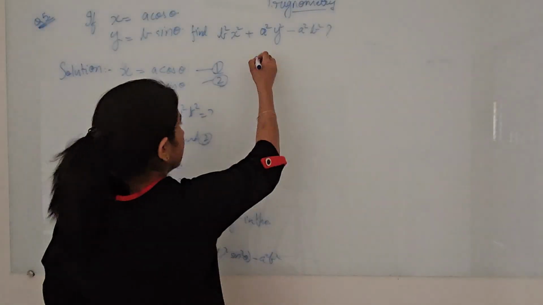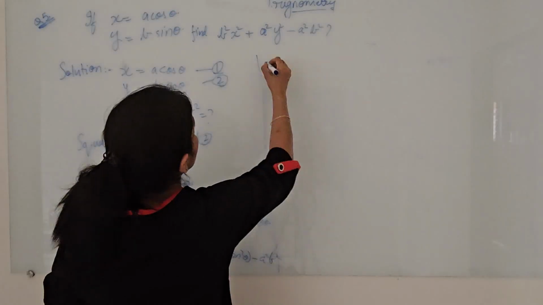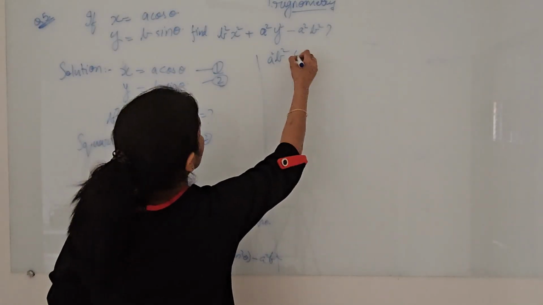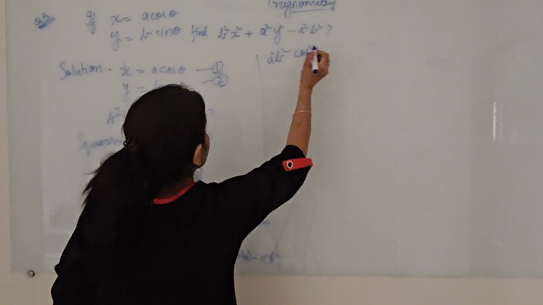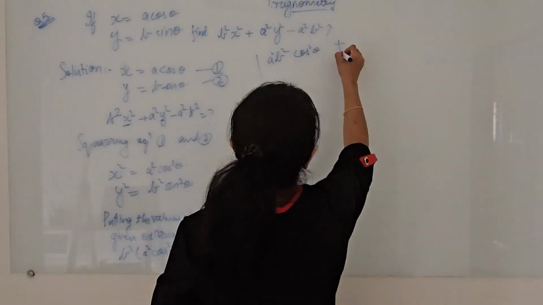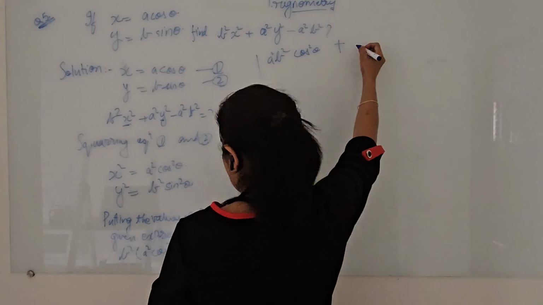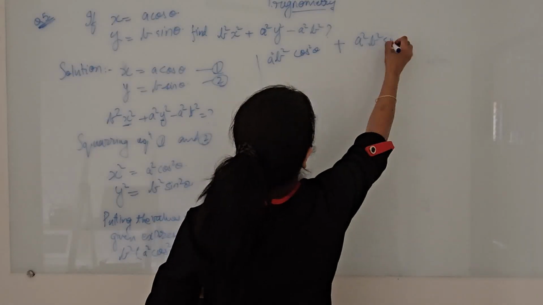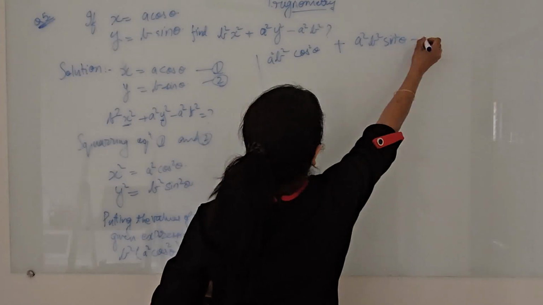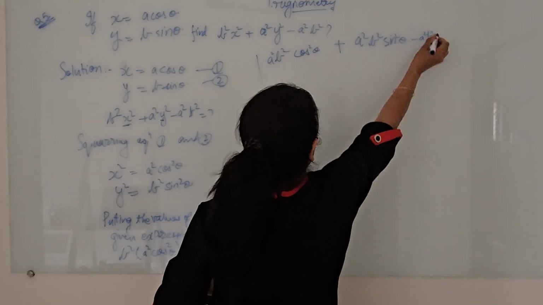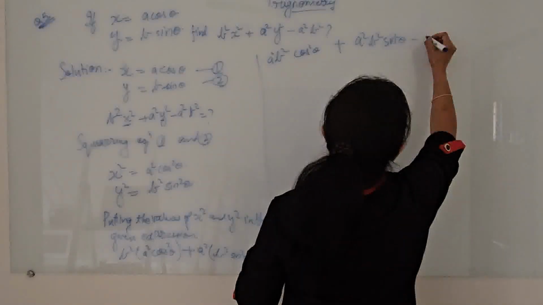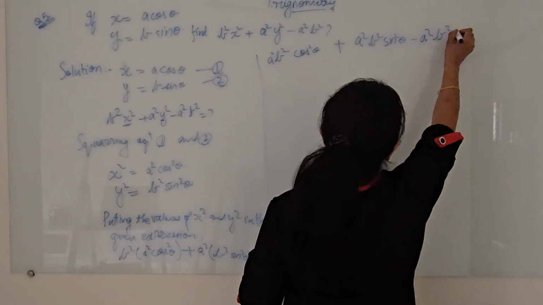Okay, just multiplying both: a square b square cos square theta, first term, second term I got it, plus a square b square sin square theta, minus a square b square. Okay, I'll just write it down properly.